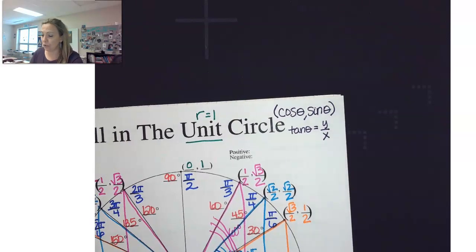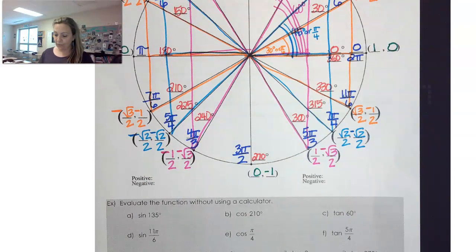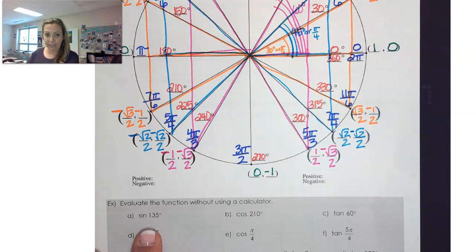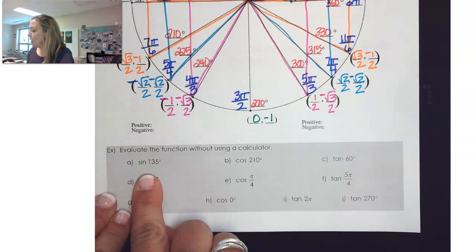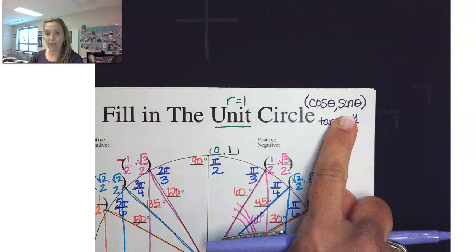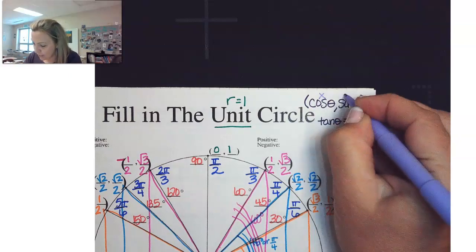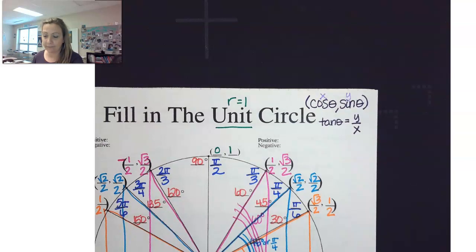So how do we use the unit circle to do that, Mrs. Mackey? Well, let me tell you. In this example, we want to find the sine of 135 degrees. Sine is the y coordinate. The x is the cosine, the y coordinate is the sine.